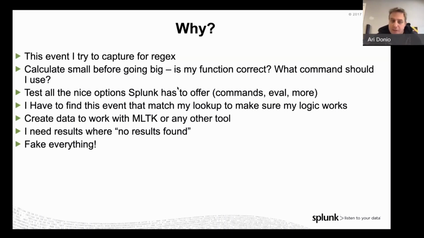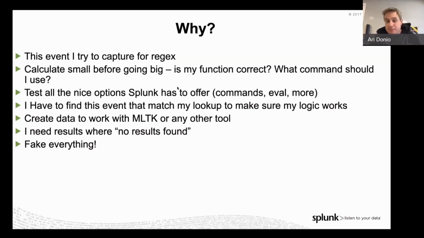Another thing that I found very helpful is that often we want to find where something doesn't match a lookup. If we don't have that in the data, we can't really be sure that our logic works. So leveraging make results really helps with that. You can create data to work with MLTK or any other tool that we want.